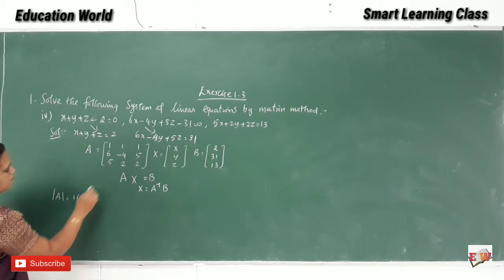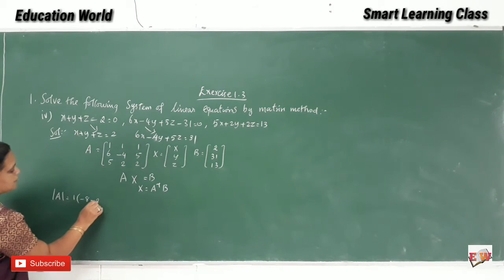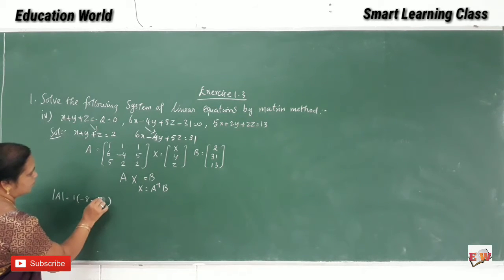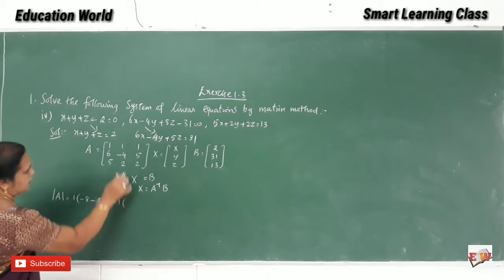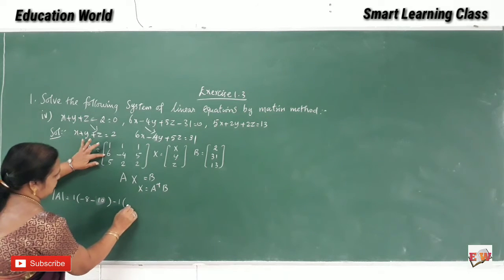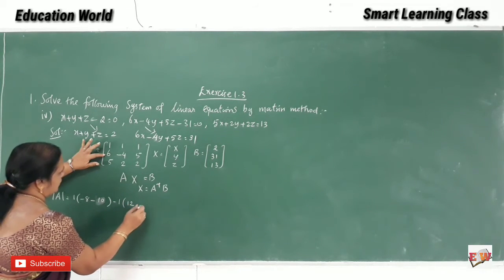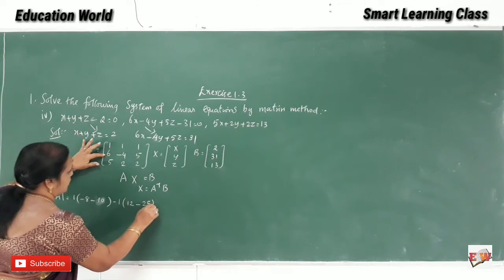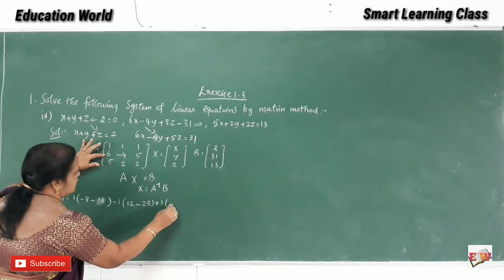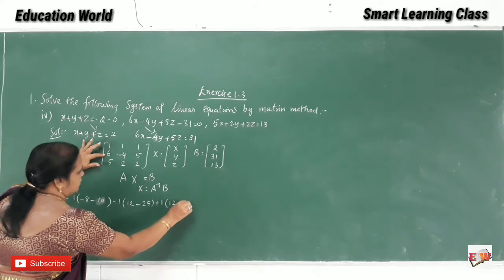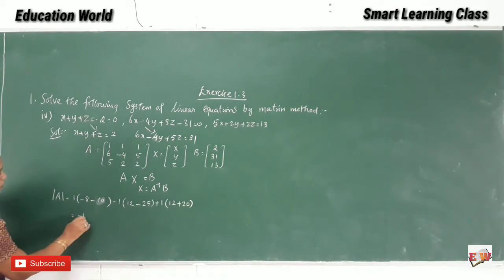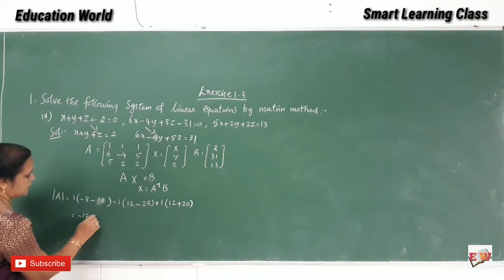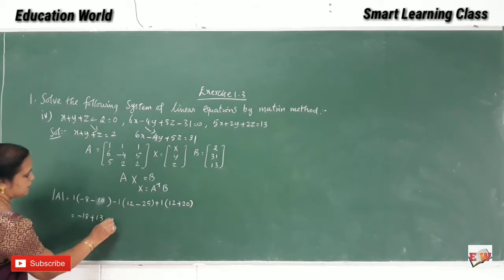1 into minus 8 minus 10, minus 1 into 6 2s are 12 minus 25, plus 1 into 6 2s are 12 plus 20. Minus 18, minus into minus plus 13, plus 32.